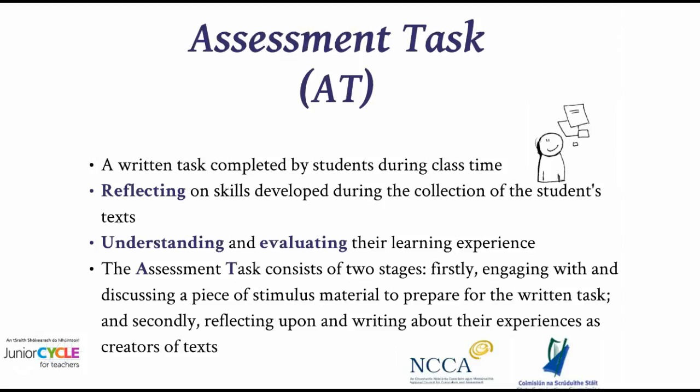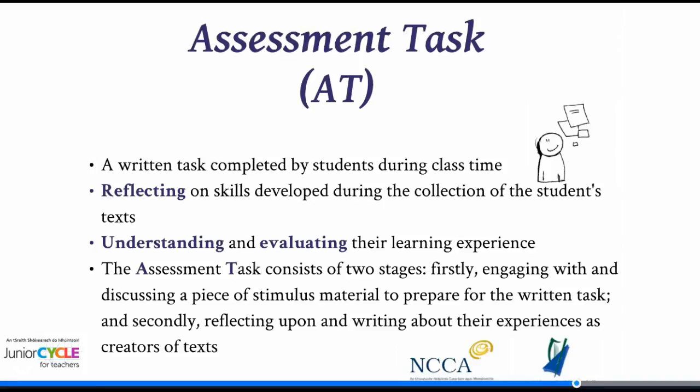Students will reflect on skills developed during the collection of the students' texts. The assessment task consists of 2 stages. Firstly, engaging with and discussing a piece of stimulus material to prepare for the written task. And secondly, reflecting upon and writing about their experiences as creators of texts.